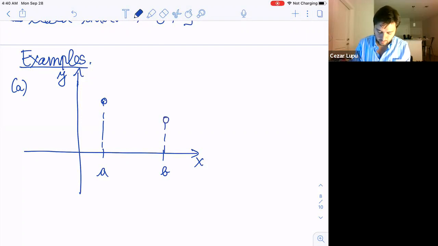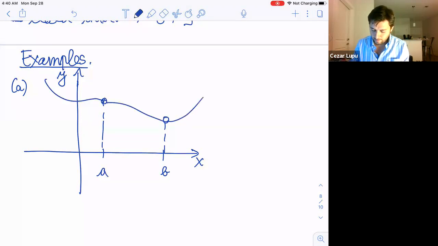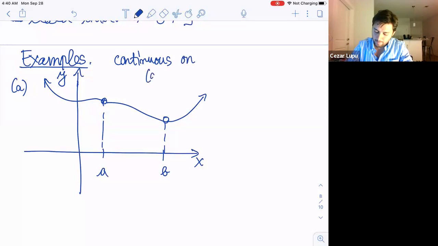Anyway, so the graph of the function will go like this through these two points. This is the graph of f, right? As you can see in the picture, I have a hole at both the endpoints A and B. So the graph is not interrupted in between. So this is continuous on an open interval AB, right?